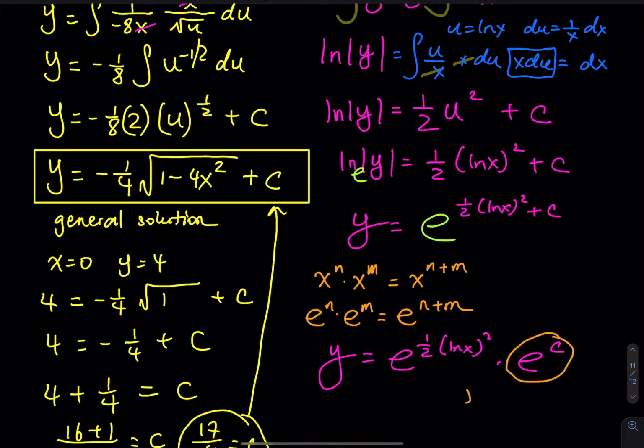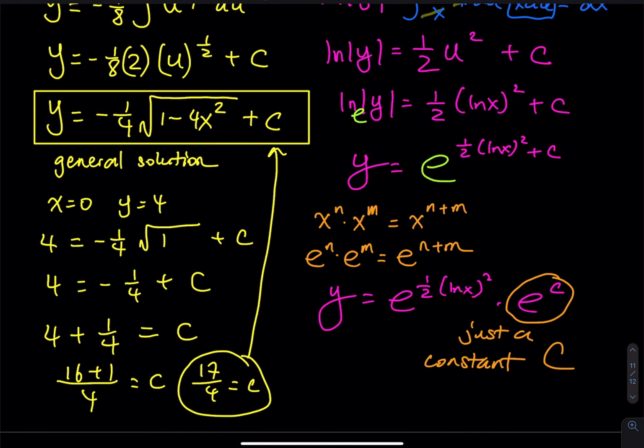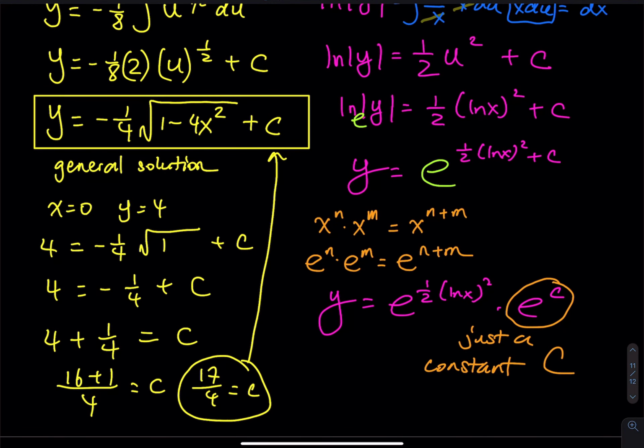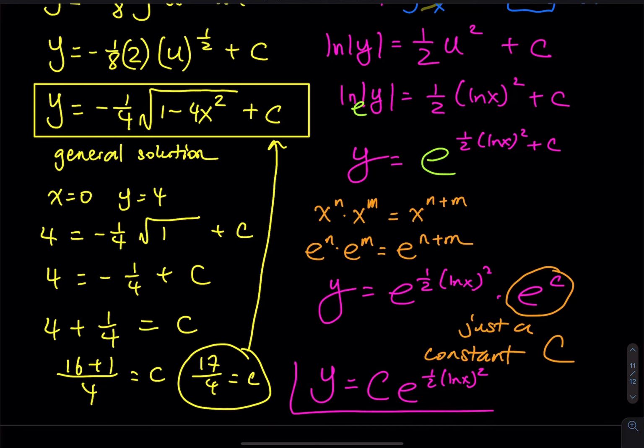So this is just a constant, big C. So that means you have a big C right in front of the e. So overall, final answer: y equals big C e to the 1/2 (ln x) squared. That's it. So we box this, and then we call this the general solution.